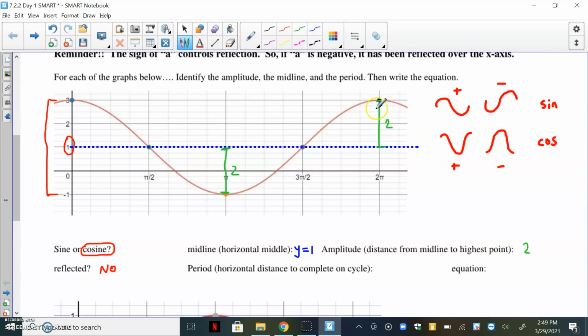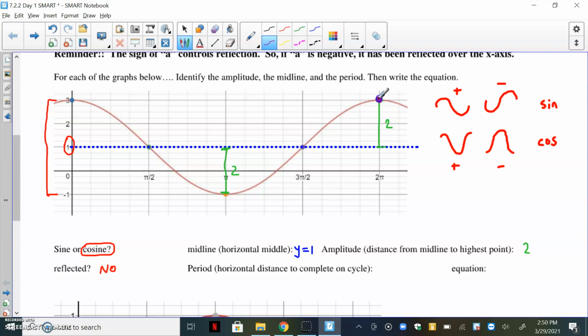Alright, the period is determined by figuring out how long it takes on the x-axis to complete one full cycle. So you know when you end up back to the height that you started, that you have completed a cycle. So here we start up here at 3, we go down, down, down, down, then back up, up, up, up, and when we land back at 3, that's when I know that my cycle has ended.